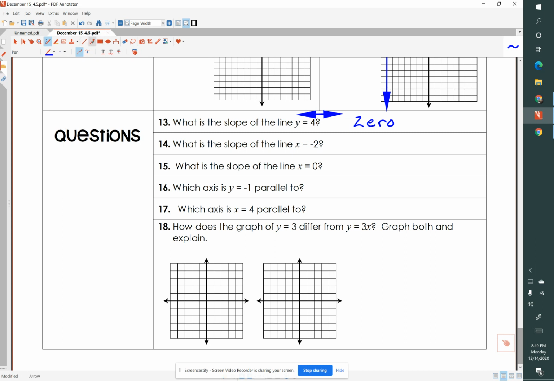So the next question asks us, what is the slope of the line at x equals -2? Well, x equals -2 would be a vertical line. I didn't do a very good job of that. I think I'll just draw it. And the slope in that case of a vertical line is undefined.